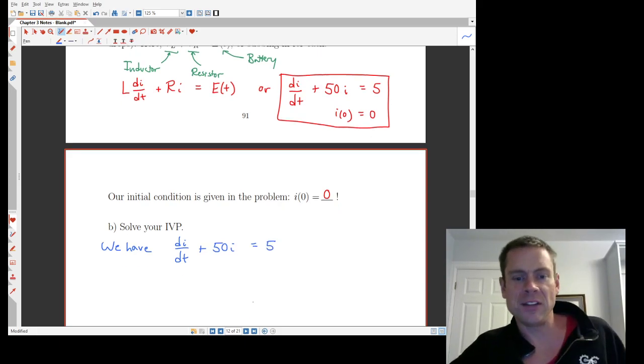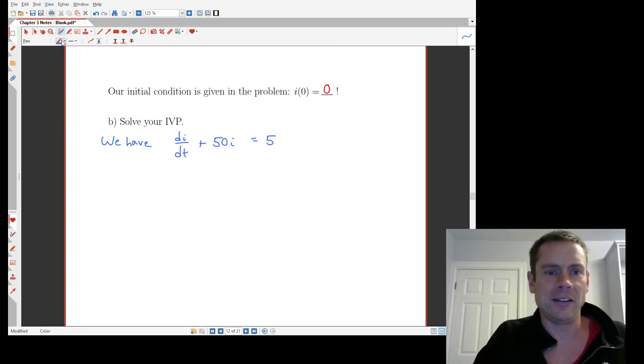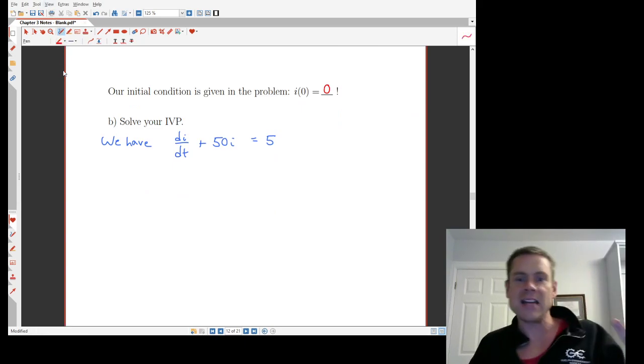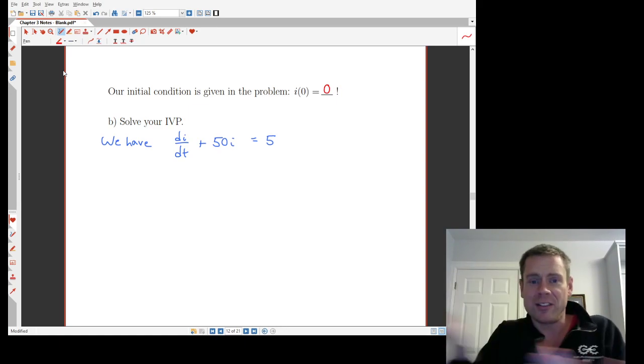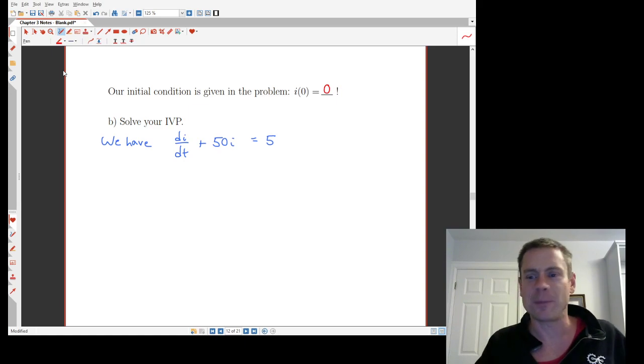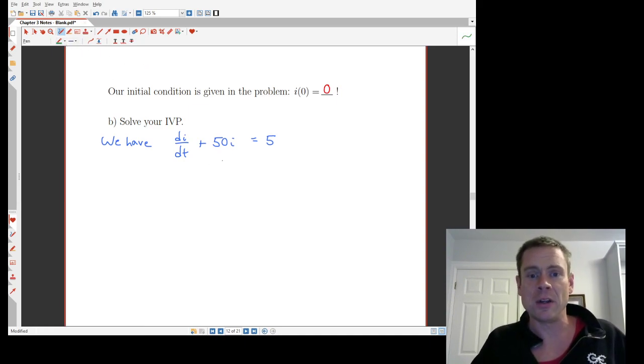And you stare at this for a second, and heck, it's a linear equation. My di dt and my I appear in separate terms. There are only constants involved otherwise. So in fact, it's a pretty easy and straightforward kind of linear equation. So no stress, this should be review. We need an integrating factor.